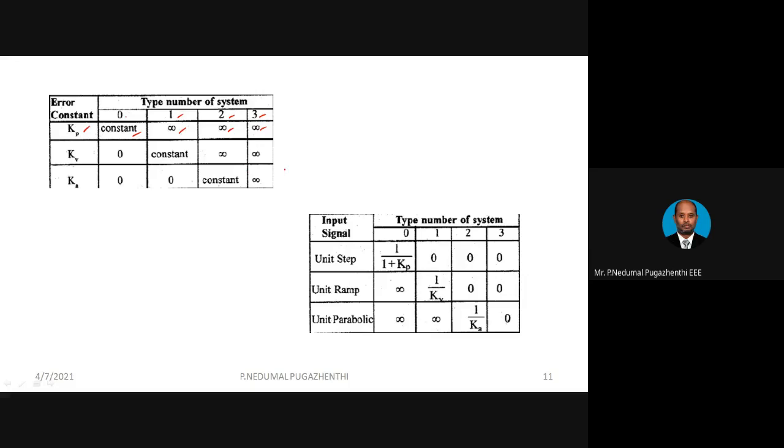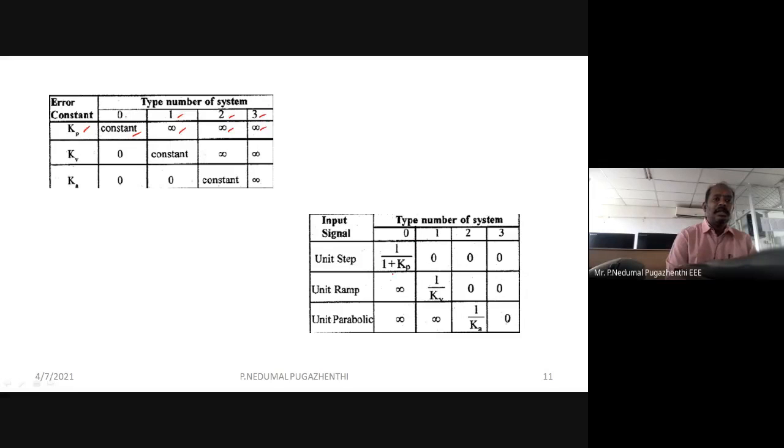The same way, if I want to analyze the steady state error values, this is the steady state error, ess, in terms of the error constants, or we can say static error constants.